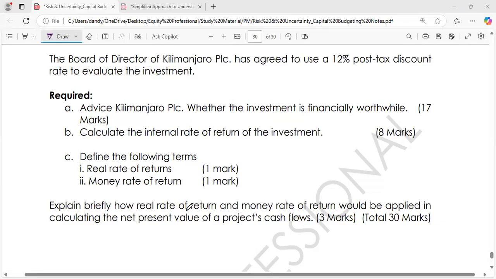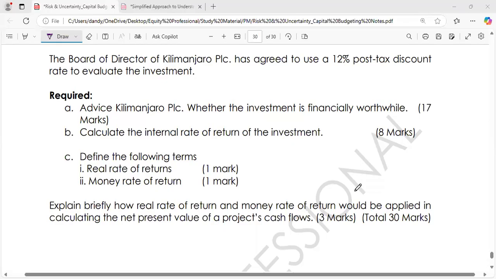Then the last one, part D, you have to explain briefly how real rate of return and money rate of return will apply in calculating the net present value of the project cash flow. That's very simple. The examiner is just telling you to explain the underlying rules in relation to inflation.